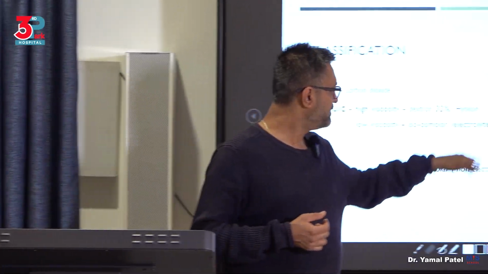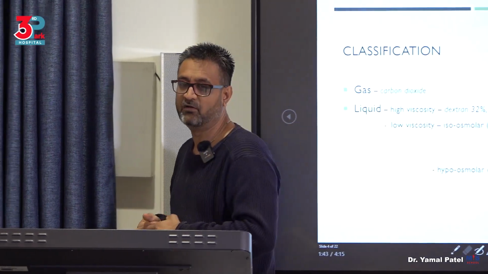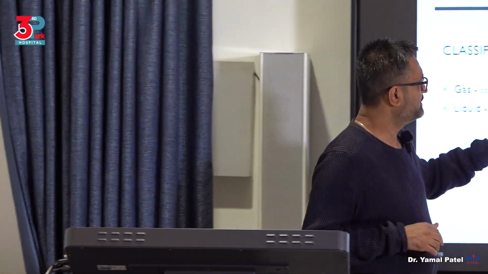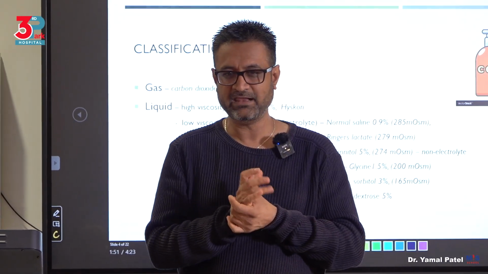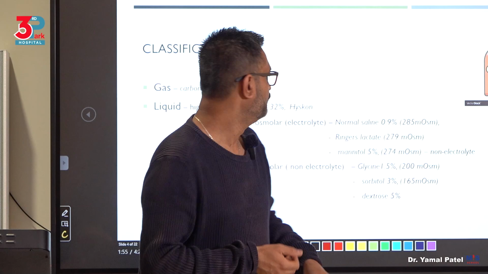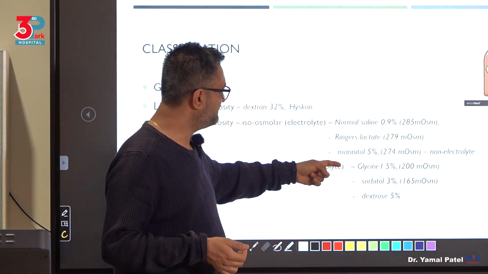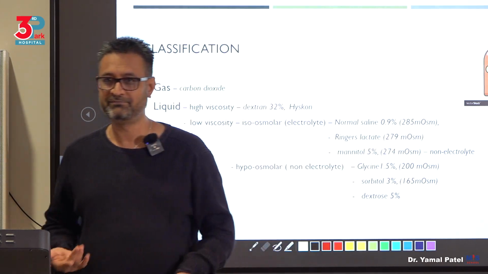The second one is low viscosity, which is thin fluid. And we can have isotonic or isosmolar solutions and hypotonic or hypoosmolar solutions, okay? Iso is matching the 280 milliosmoles per liter. Got it? So we have these that are iso. You can see their osmolarity is similar to plasma.